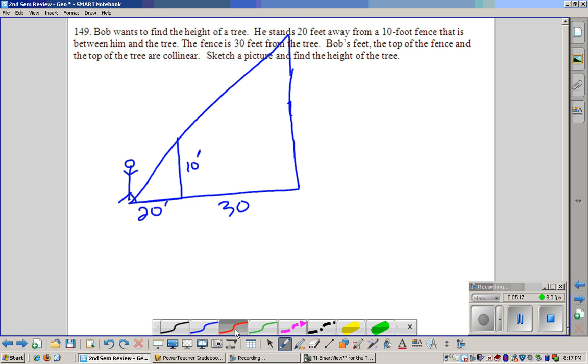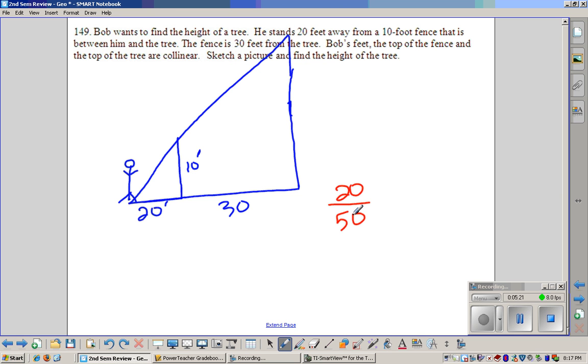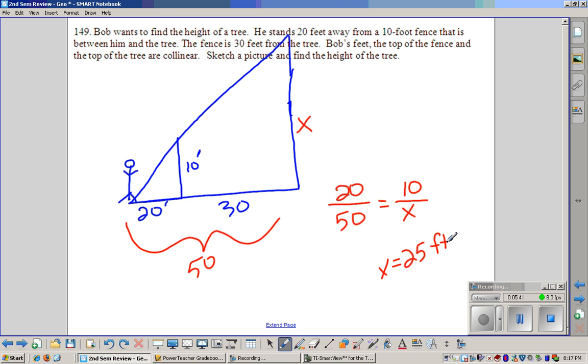So we have to set up a proportion of 20 is to 50, as 10 is to x, the height of the tree. So you go ahead and do that, and you'll notice that x, I think, is 25 feet in height.